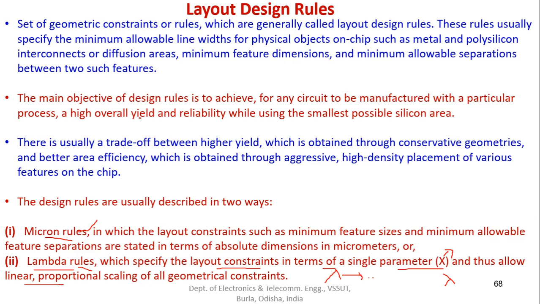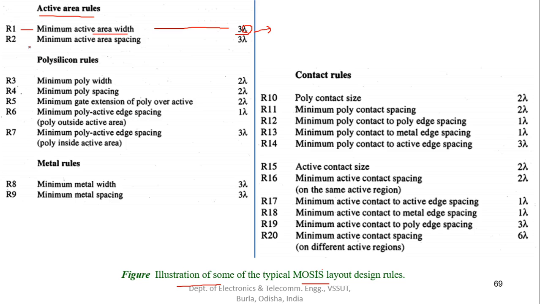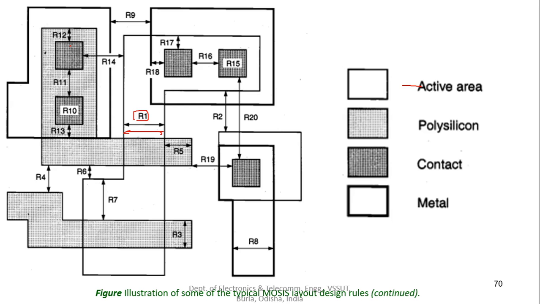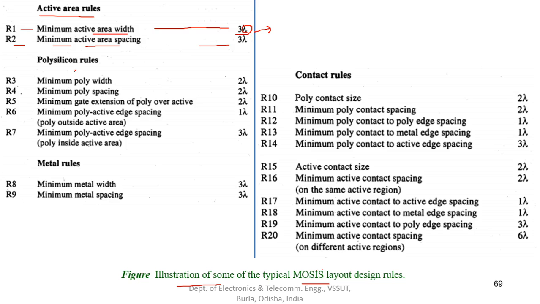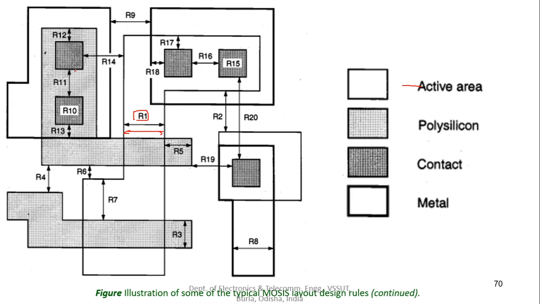Now we go to R2. R2 is the minimum active area spacing. This again is 3 lambda minimum. Pay attention to the term minimum. The R2 definition was active area spacing, so where is R2?